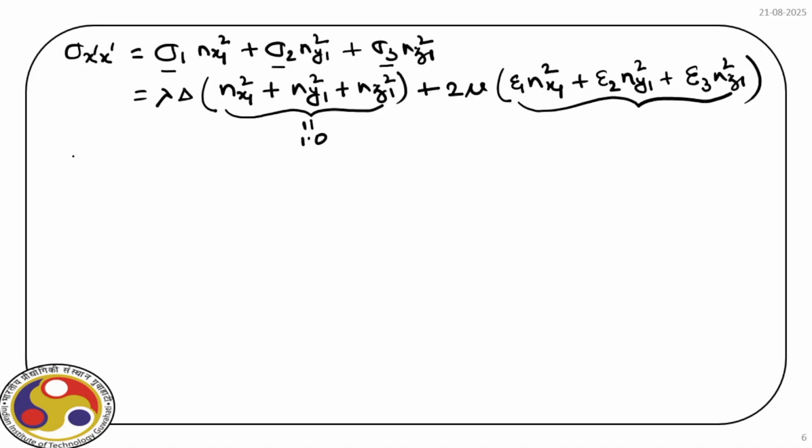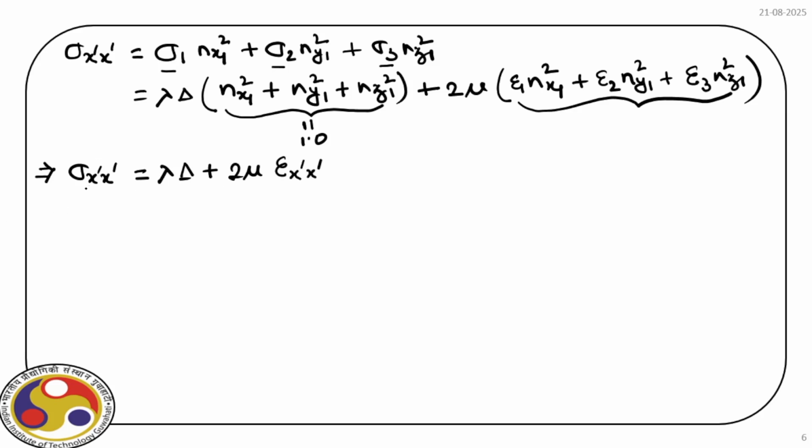So if you further simplify the expression of sigma x prime, what we get is lambda times delta plus 2 mu times epsilon x prime. Now look at this expression.